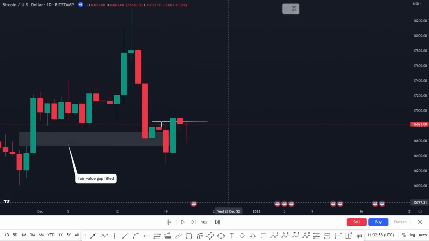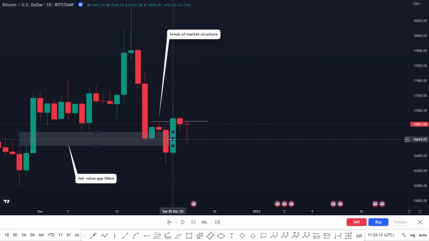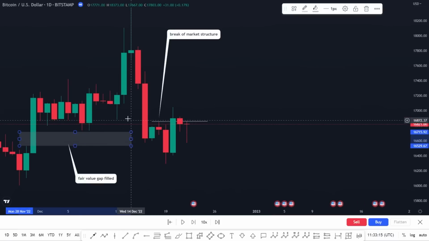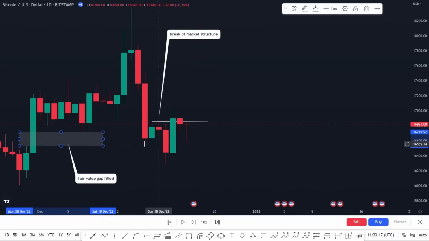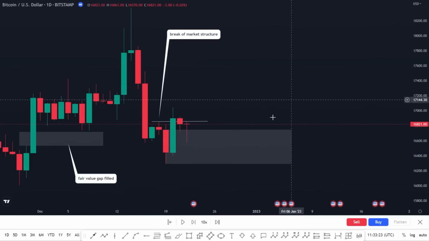We can see a break in market structure here. Then we will find a demand zone and then find a potential buy area.